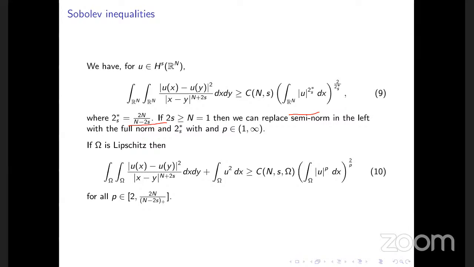And also in the case of a domain, it's not always true that you can just consider the semi-norm, but in most cases you need to consider the full norm.